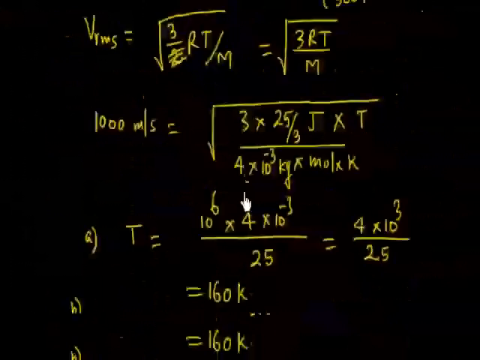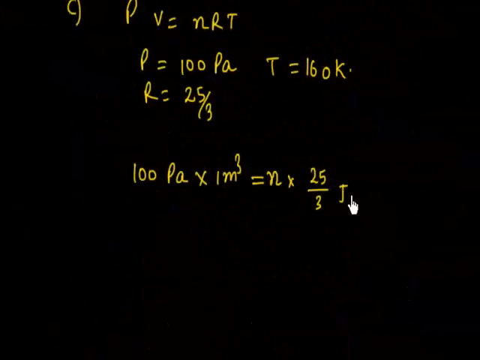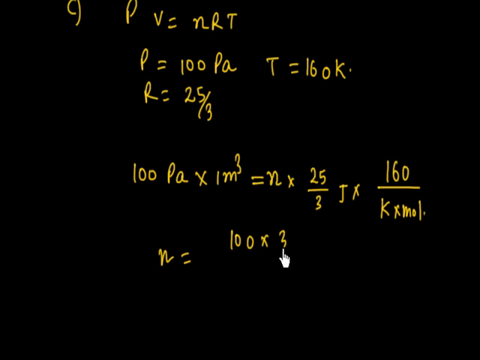So I can plug this value 25 by 3 here. This means Kelvin and mole will come into the denominator, and T is 160. So from here we can calculate n. So n is 100 multiplied by 3, divided by 25 into 160.